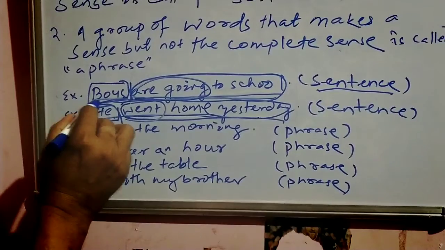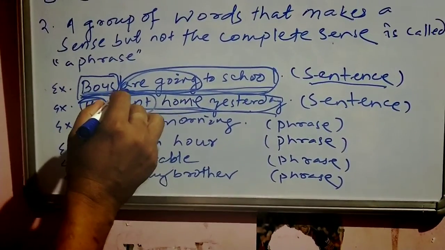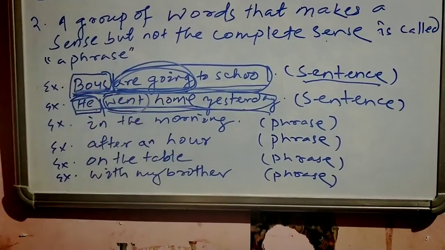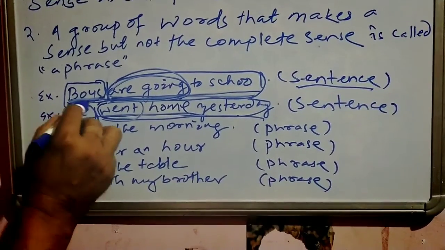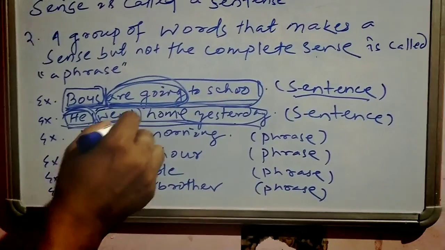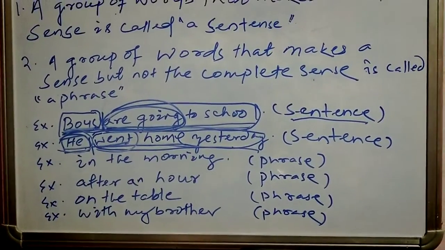We have the subject "boys," and the predicate part starts from "are going to school," with the verb phrase "are going," and in the second expression we have the subject "he," and the verb is "went," and the other words are also there in the predicate part, so that it is a sentence.